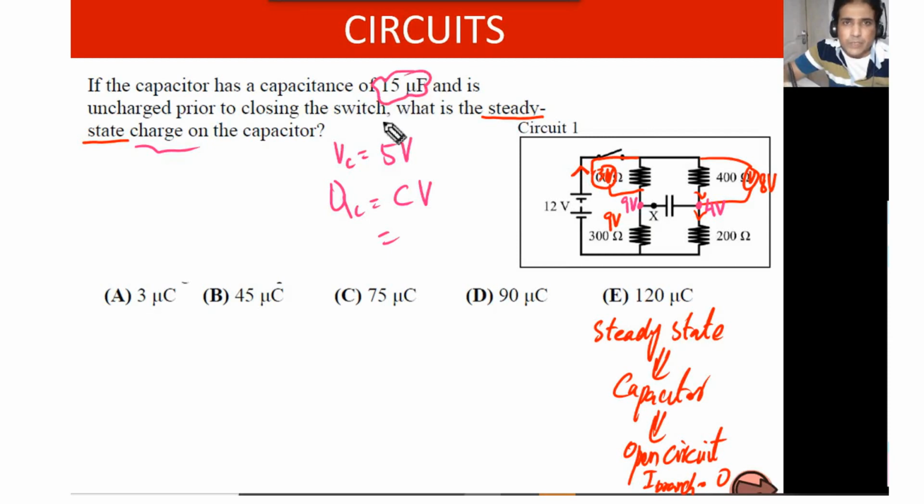So this is 50 microfarad. So you have to multiply with 10 to the minus 6 and the voltage is 5 volts. So if we solve this one, you will get 15 times 5, 75, so this is micro, so we will get 75 microcoulombs. So this is our answer.